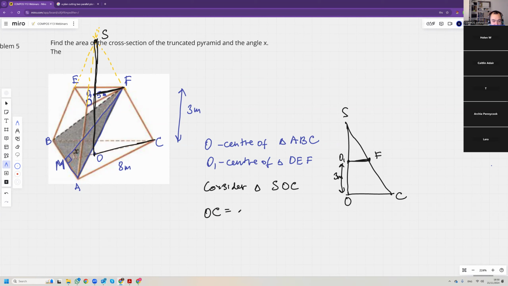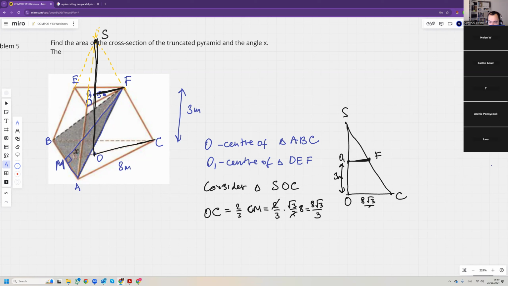We know that OC is 2/3 of CM, and we know that CM is square root of 3 over 2 times 8. So 2 cancels, it's 8 square root 3 over 3.